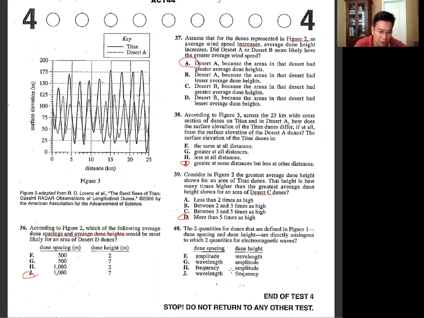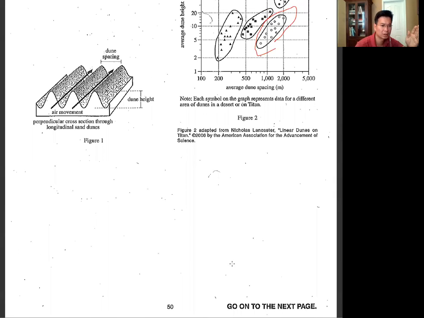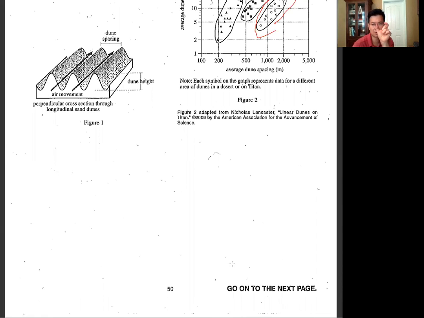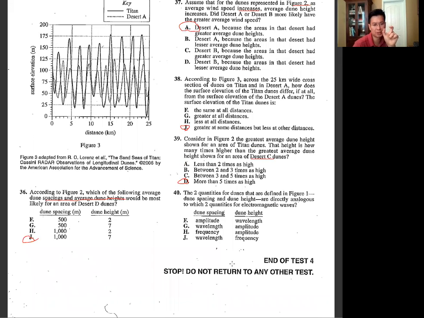So it has to be between G and H. Wavelength is how far it goes from one to the other. Dune spacing is how close they are, so it's more about frequency, how often it goes up and down, tight or not.